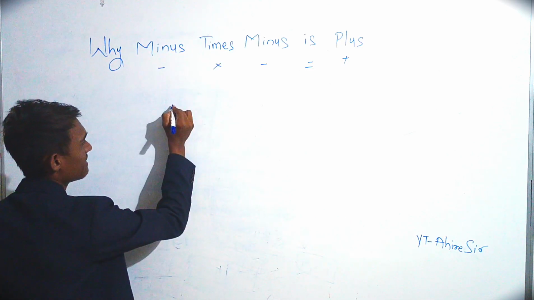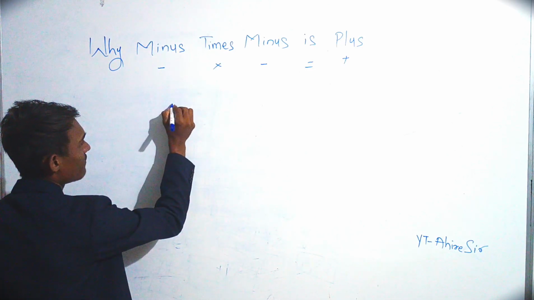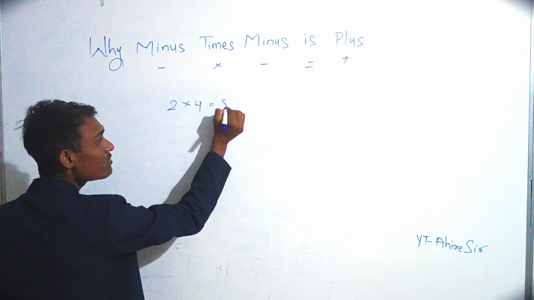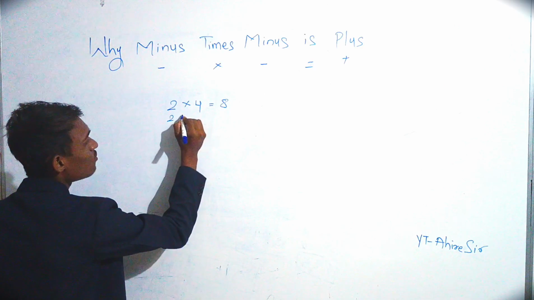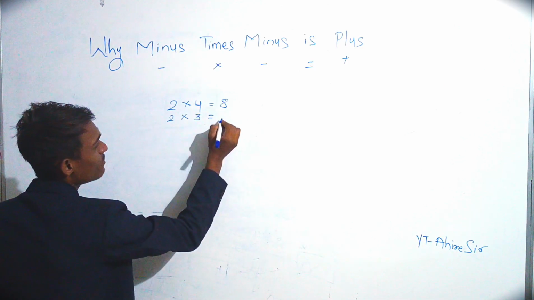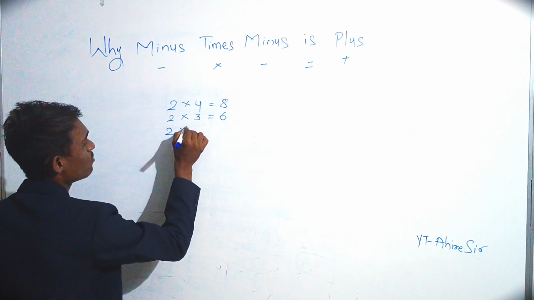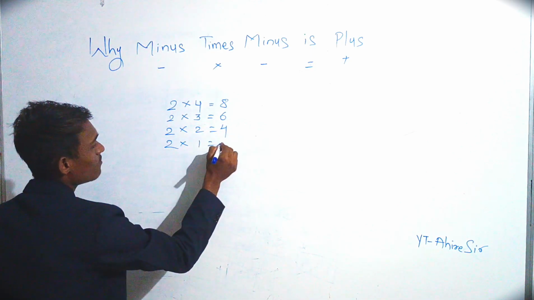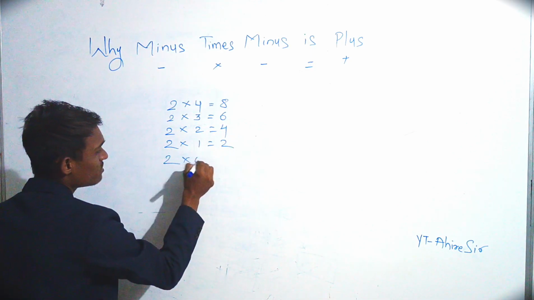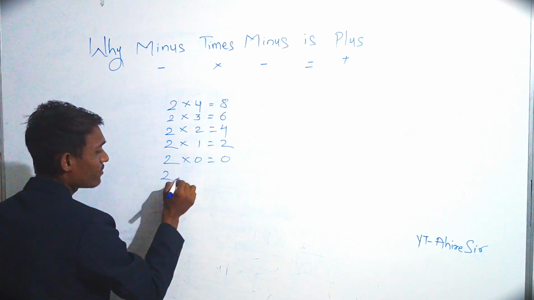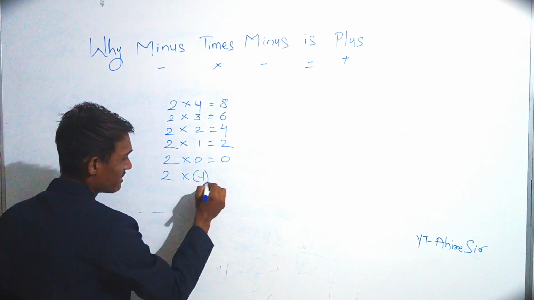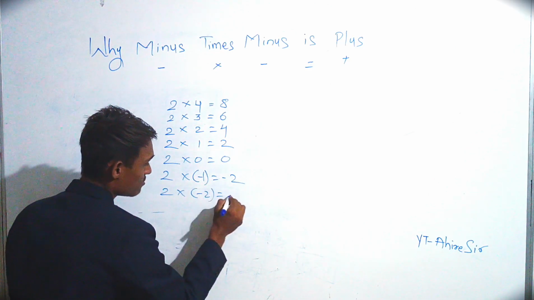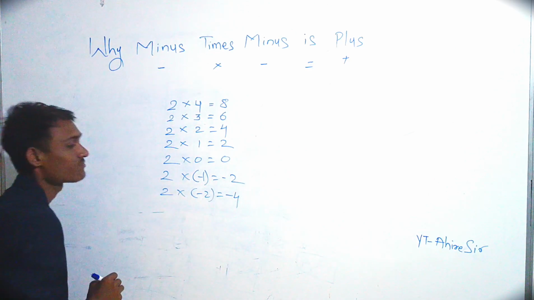Let's say we have 2 into 4 is 8, 2 into 3 is 6, 2 into 2 is 4, 2 into 1 is 2, 2 into 0 is 0, 2 into minus 1 is minus 2, 2 into minus 2 is minus 4.